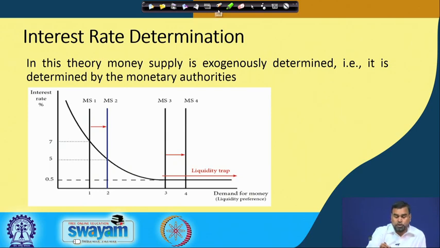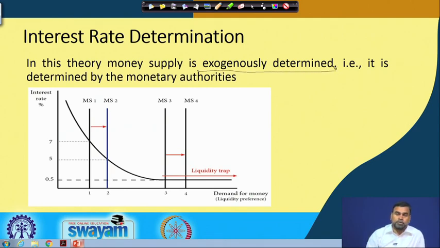It is a very important point to remember: it depends totally upon the central bank or the monetary authority how much money supply they make, and once the money supply is fixed, then you have the liquidity preference curve here, and this is your money supply, which is fixed in a particular period of time.